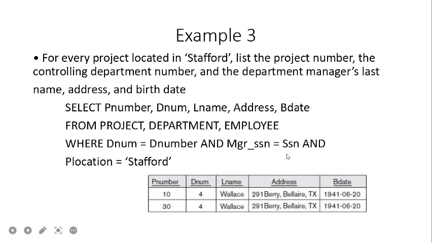When these conditions are satisfied, then we need to check P location equal to Stafford. So we'll take all P number, D num, L name, address and B date when P location equal to Stafford.